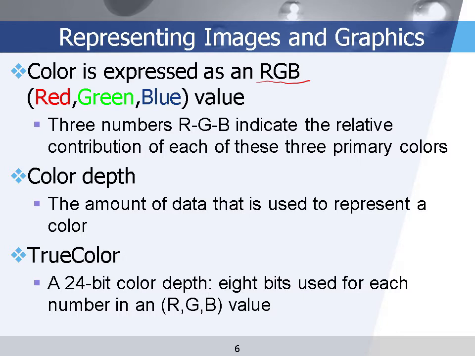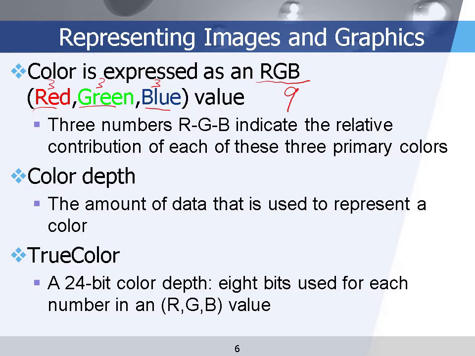So we use 3 different numbers, R, G, and B, to indicate the relative contribution of each of these 3 primary colors. The next concept is called color depth. It is the amount of data that is used to represent a color, like how many bits you use to represent the color. For example, if we use 9 bits to represent a color, for each primary color we have 3 bits.